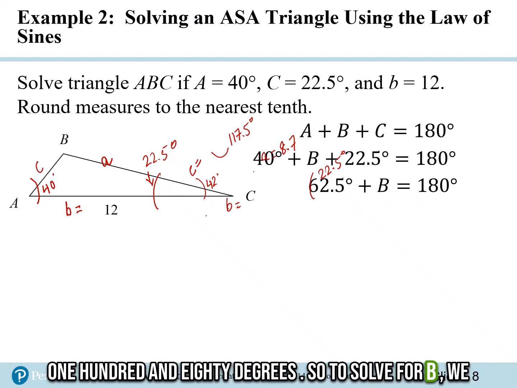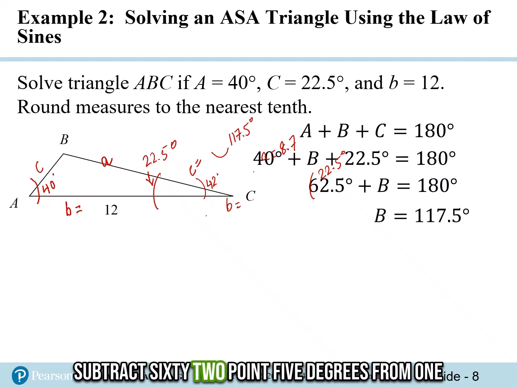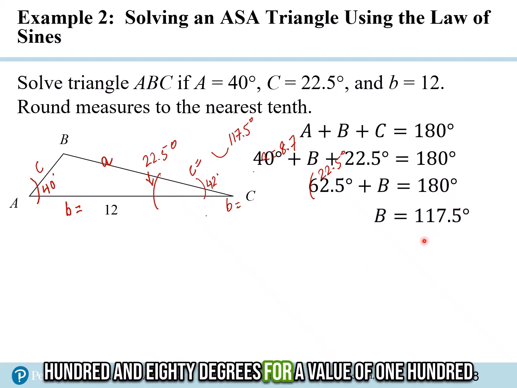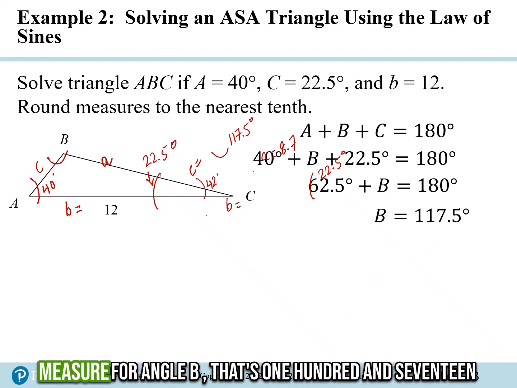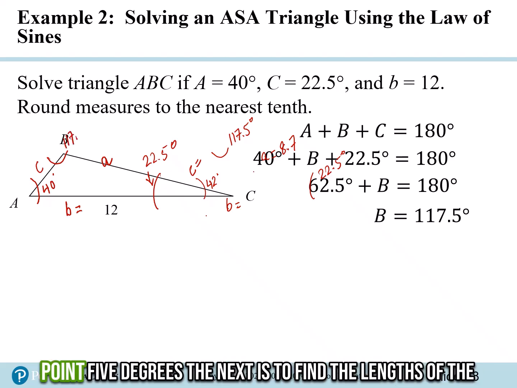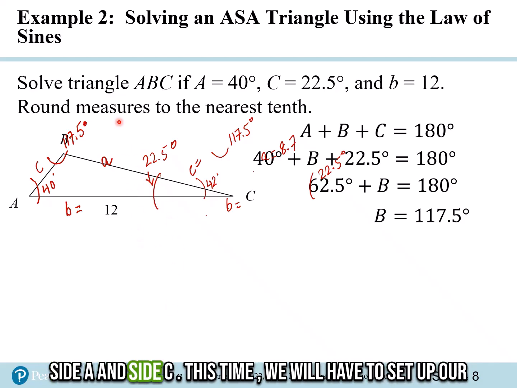So to solve for B, we subtract 62.5 degrees from 180 degrees for a value of 117.5 degrees. So we have the angle measure for angle B, that's 117.5 degrees.